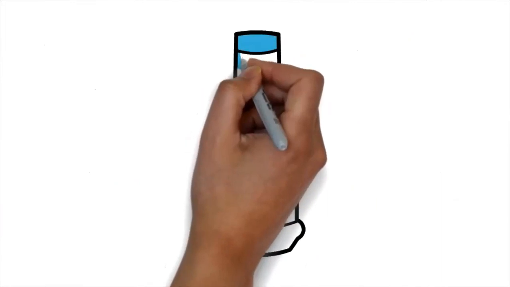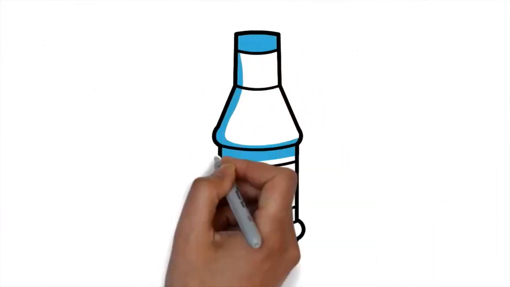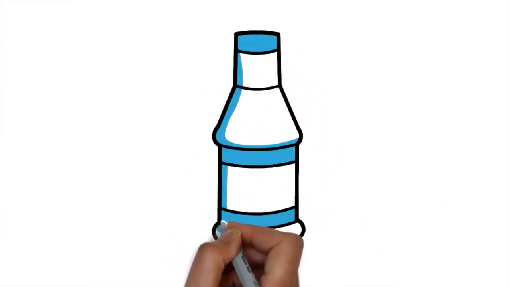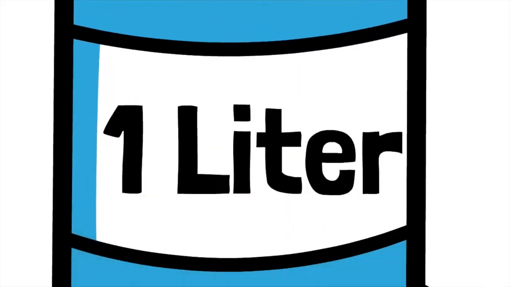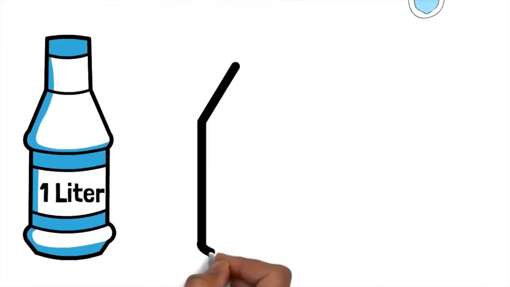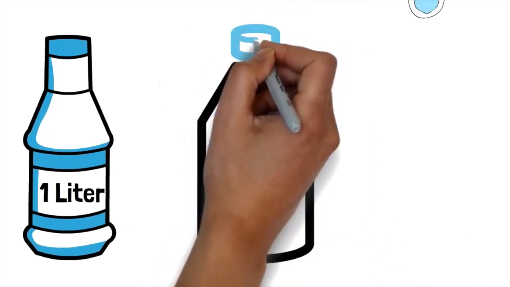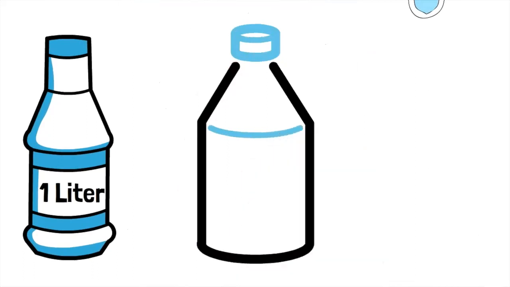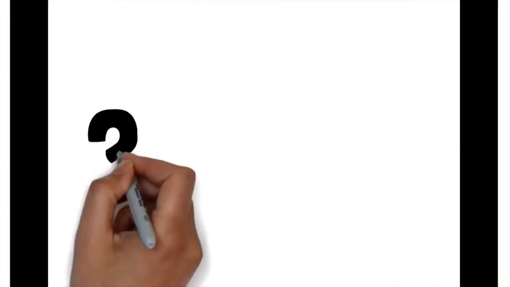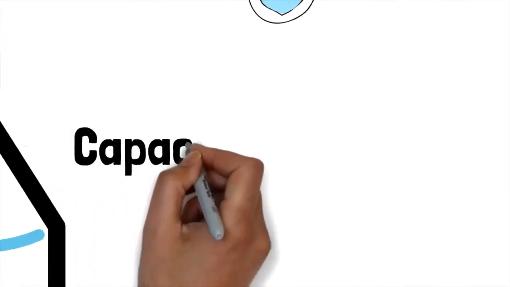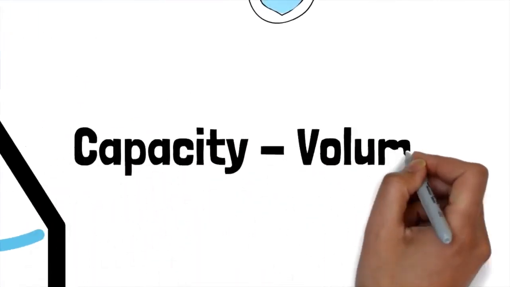Like some bottles say that they have a 1 liter capacity in them, and some are big bottles. They say that they have 2 liters capacity in them. This is how you measure capacity and volume.